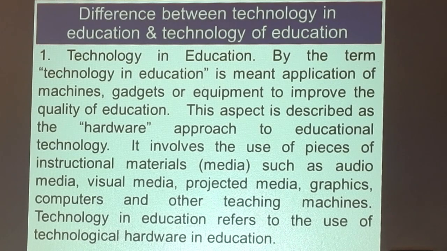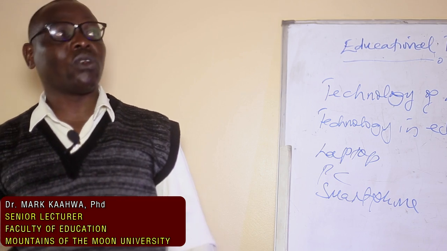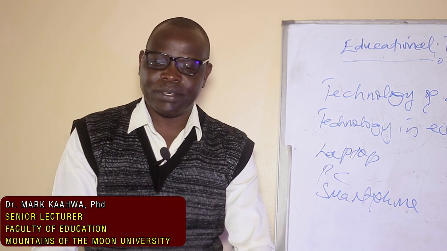Technology of education means the use of the different learning approaches, instructional strategies, teaching approaches, which we call the software aspect. Technology in education, we call it the hardware aspect. So the two concepts are different, and they should not always be confused.